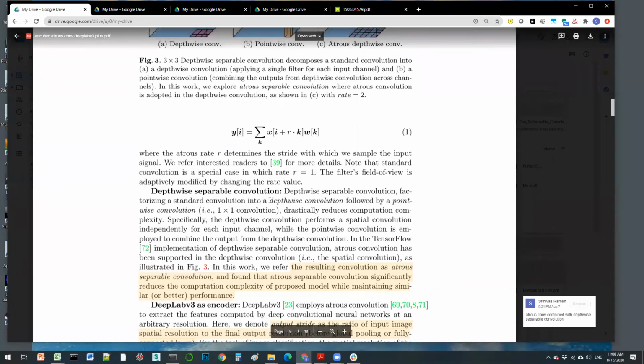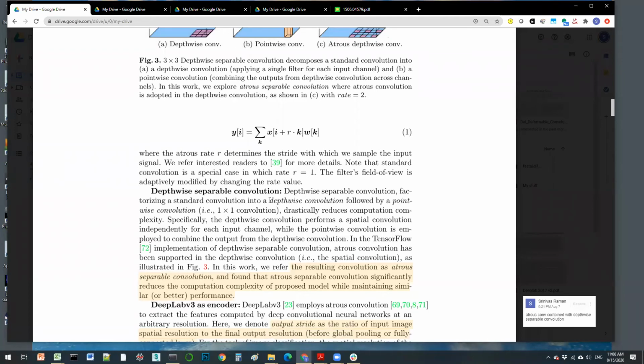Now they're introducing a different definition of separable convolution. They're basically saying the depthwise convolution covered in the Xception paper, which does the depthwise convolution followed by a 1 by 1, which we just saw as an example.